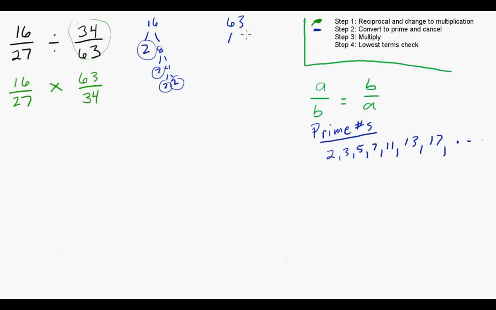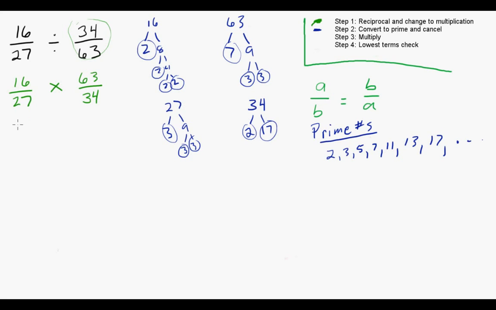63 breaks down into 7 times 9. 9 breaks into 3 times 3. 27 breaks down to 3 times 9, which again breaks into 3 times 3. And 34 breaks into 2 times 17.